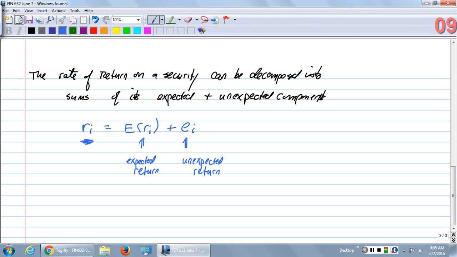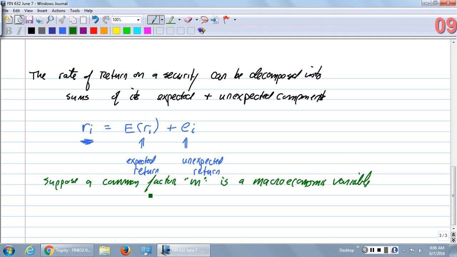Well, next your book says, okay, well, suppose then a common factor, and we're going to call that common factor M. A common factor M is a macroeconomic variable that affects all firms.